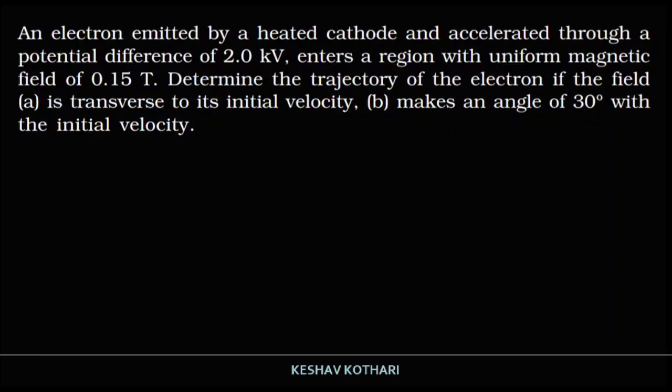So for this particular problem, we begin by stating the following aspects about it. The value of magnetic field which is stated in the problem, B, is equal to 0.15 Tesla. The charge on electron, e, which is equal to q, is 1.6 into 10 to the power minus 19 coulomb.